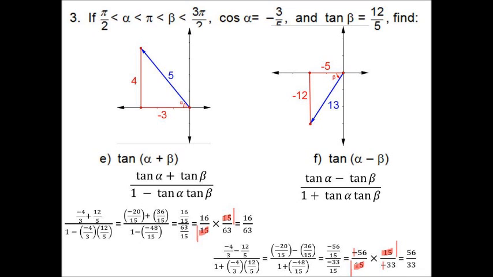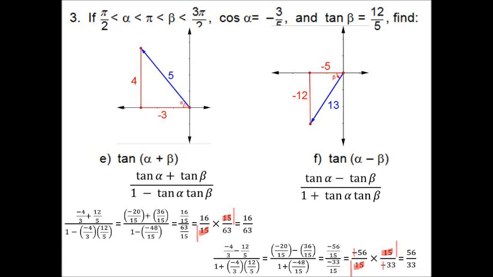Now, the difference identity will be the exact same thing, except we're going to change the top to subtraction, the bottom to addition. So if you want to go ahead and change from the point where we found the common denominators, you can. So it would be negative 20 over 15 minus 36 over 15. And then that's all divided by 1 plus a negative 48 over 15.